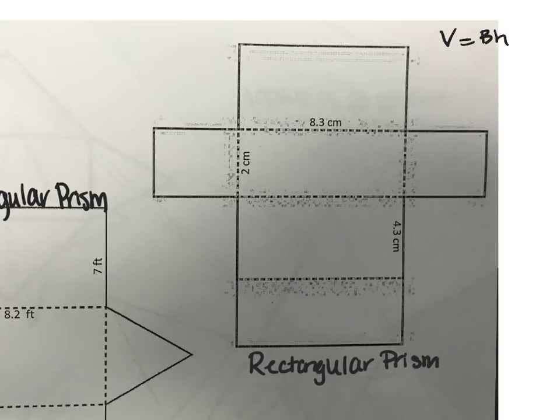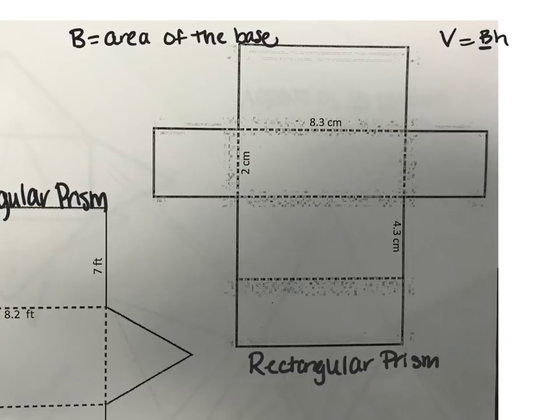Now remember, when we talked about this, back when we went through it, we said that big B stands for area of the base. So whatever my base is, and we're going to define that in these pictures, we're going to figure out what the area of the base is.